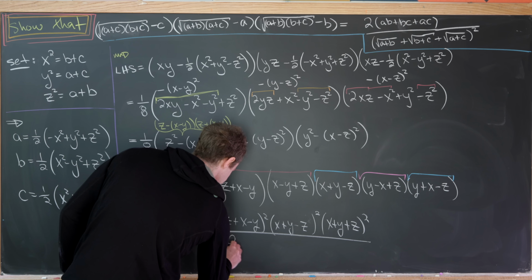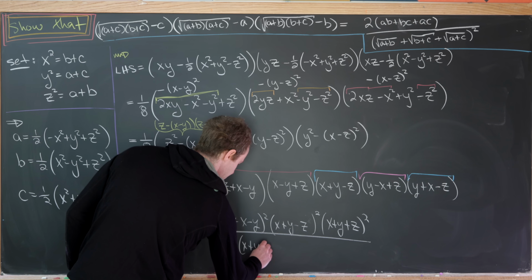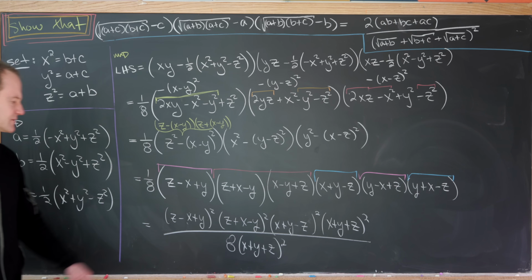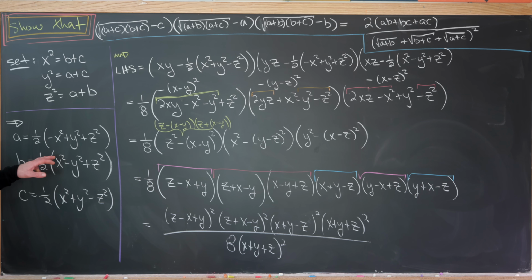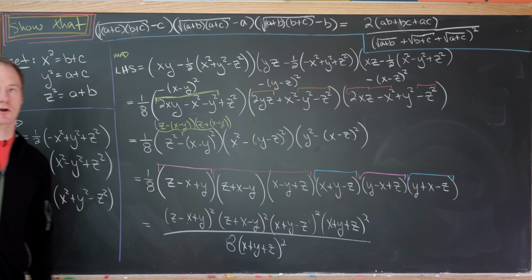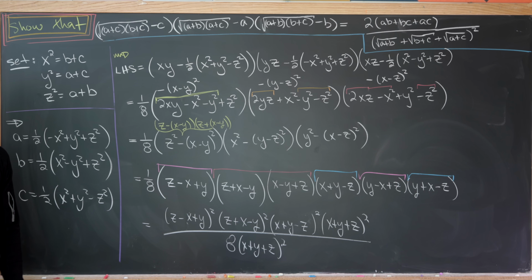And then I need that downstairs as well, so we'll have 8(x plus y plus z) squared. But notice that (x plus y plus z) squared will be exactly what we have in the denominator over here. So we're also looking towards our goal. Okay, so now let's bring this expression up and then we'll keep going.